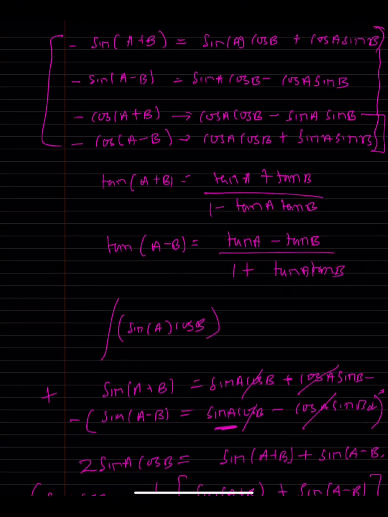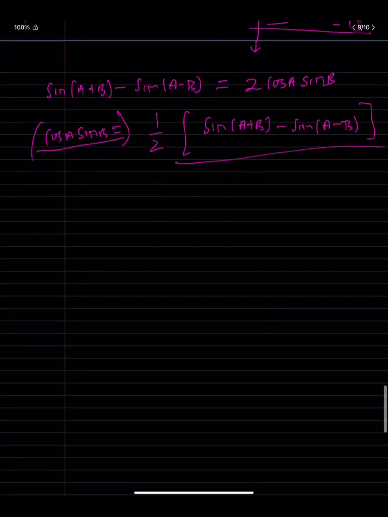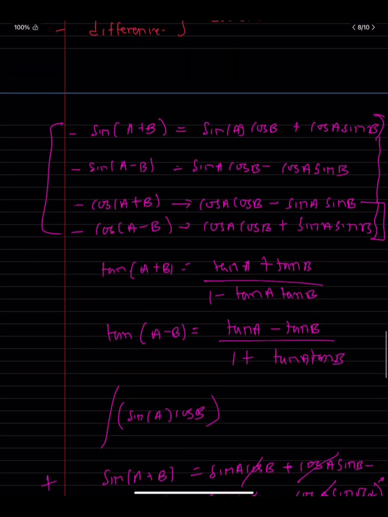When we add the third and the fourth one, we can also get cos A plus B plus cos A minus B. Because we have added them, and here is negative and here is positive, it also goes out.